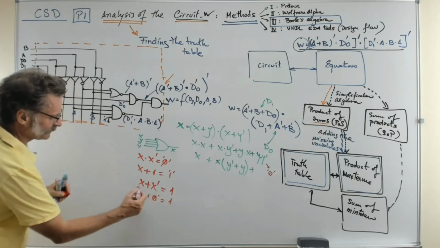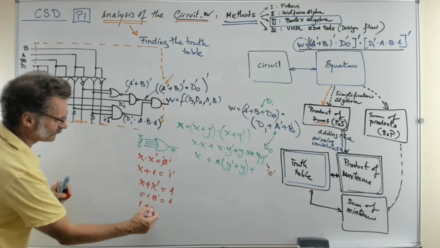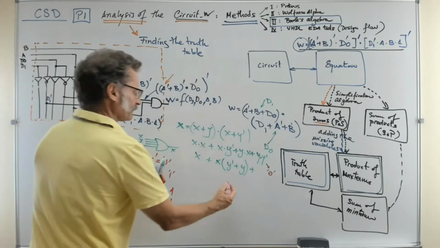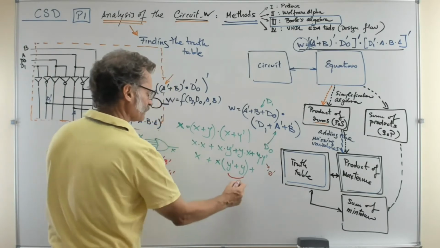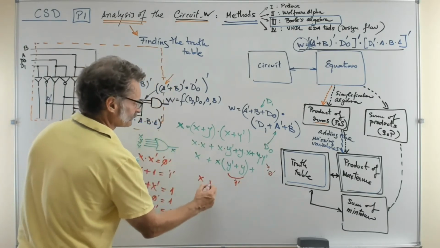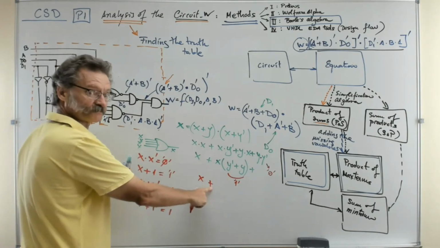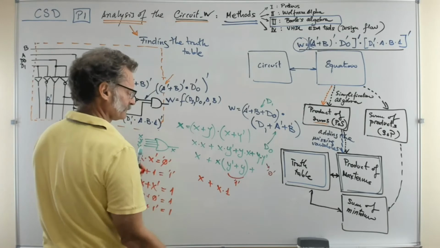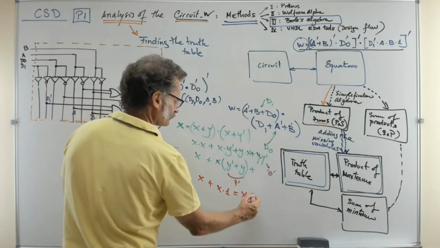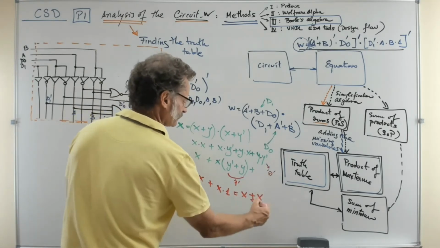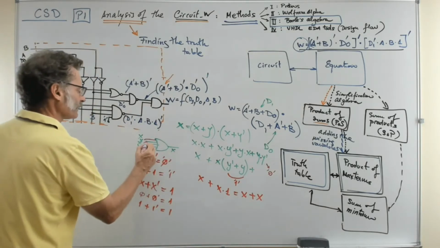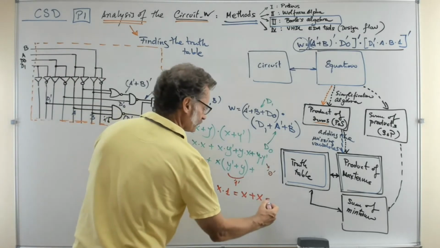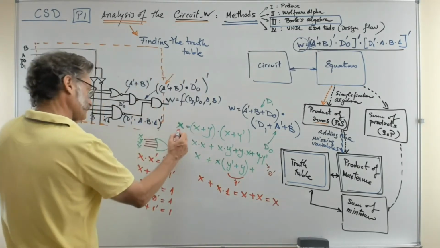Or if this is 1, 1 not is 0, so it's always 1. So that is what's happening here. This is all the time 1. So you have x or x and 1, so this is x or x. And finally, as you know, x or x or x, it doesn't matter how many times, it's all the time simply x. So that's the demonstration.